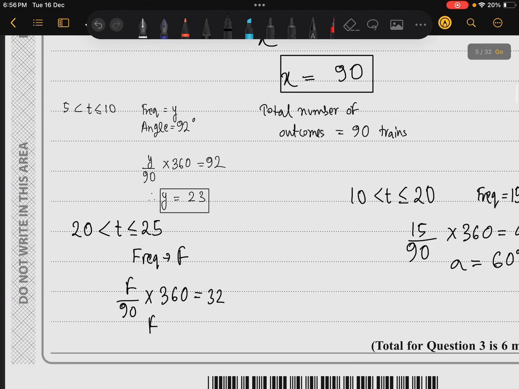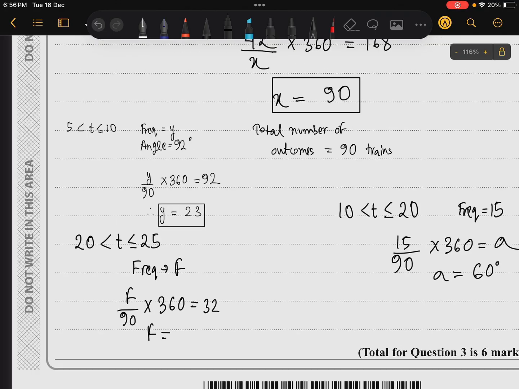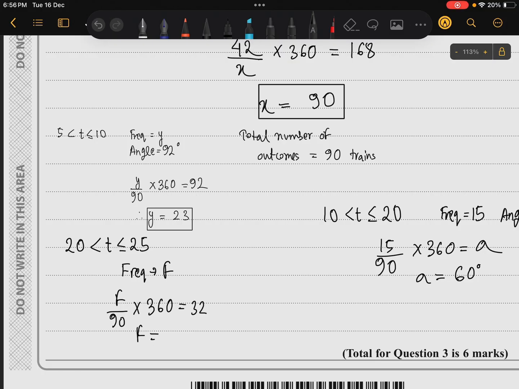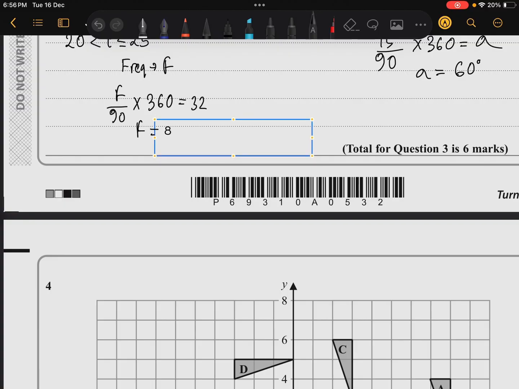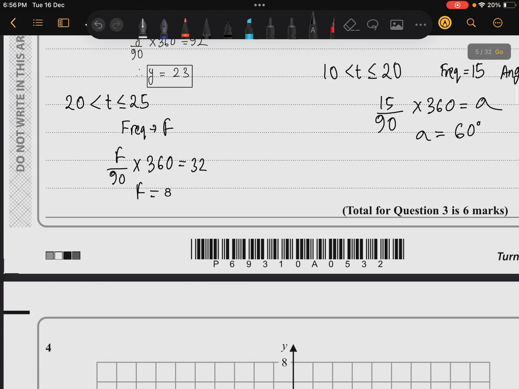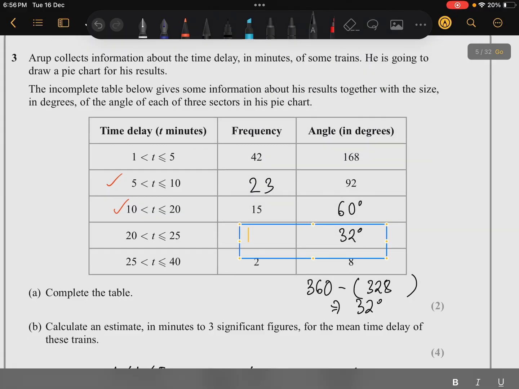So 32 multiplied with 90 divided by 360 gives us 8. So yeah, we're good to go. We can write this information down here.